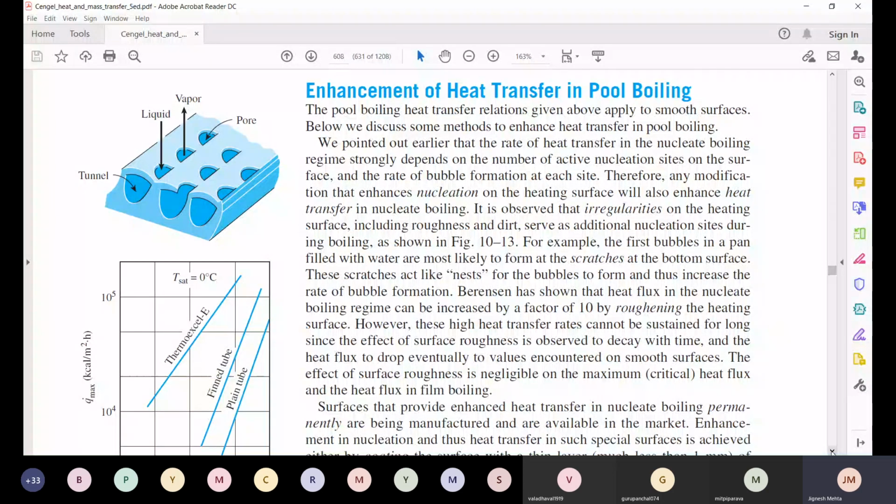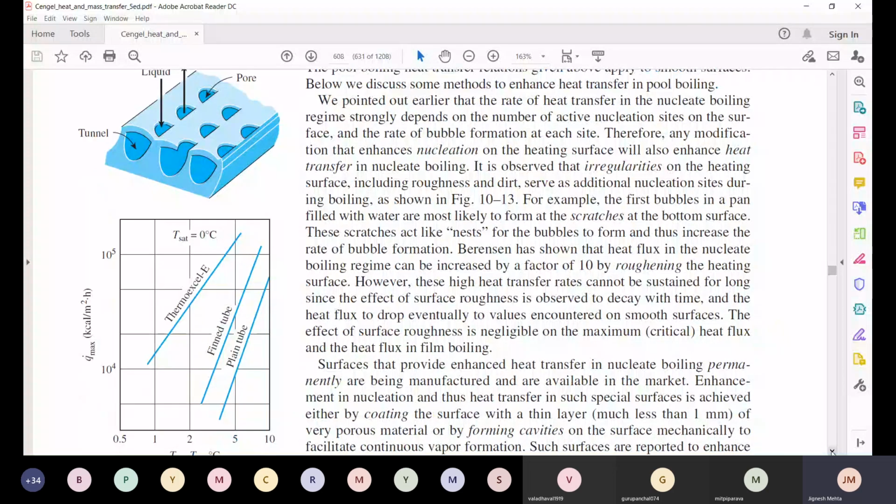So over a period of time, it may start giving you heat transfer rates equivalent to a smooth surface. So there are some technical and commercial efforts also done to increase the heat transfer rate in case of boiling.